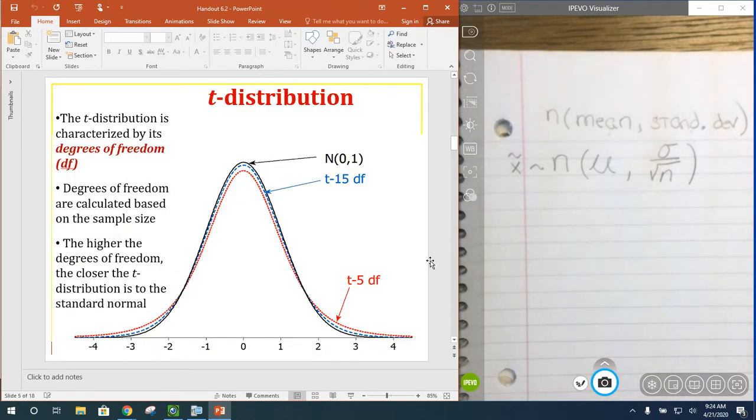If I go back, these tails here will always be above the normal distribution, and the maximum, the apex of the t distribution will always be lower. This will always be inside, these will always be outside.